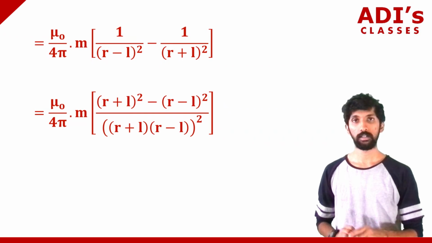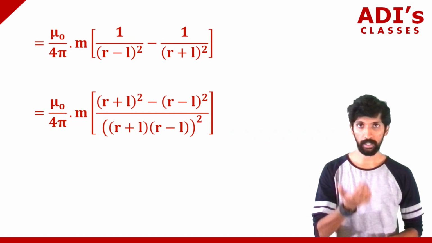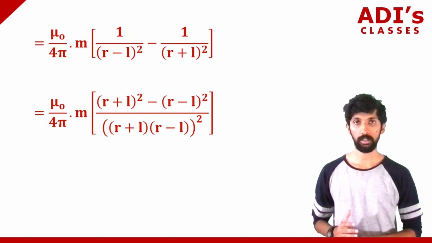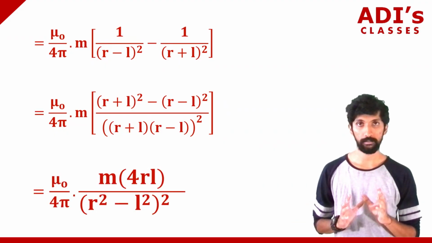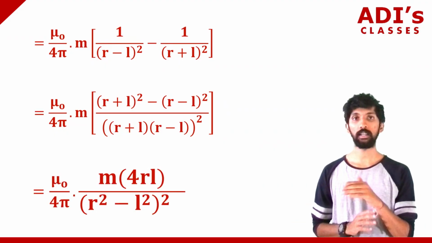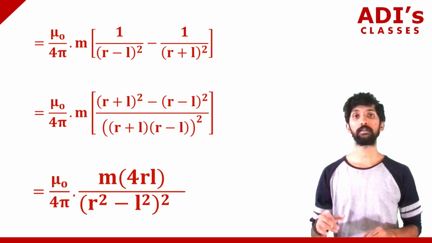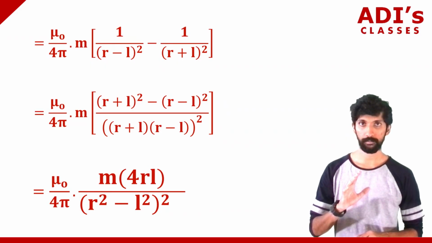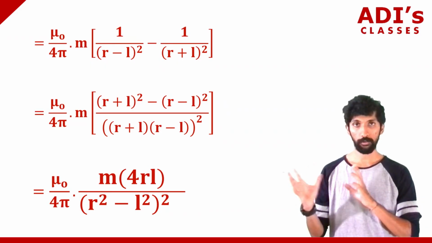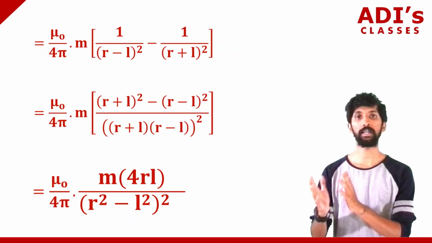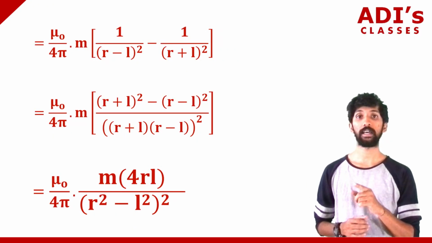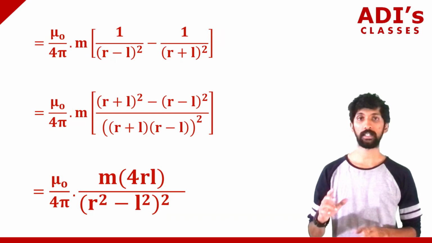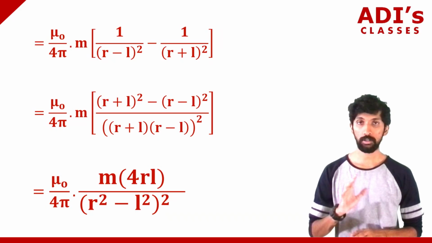Now in the numerator, if you expand using the identity (a plus b) whole square and (a minus b) whole square and simplify, you will get 4rl. So 4rl by (r square minus l square) whole square. If you combine everything together, B is equal to mu naught by 4 pi into 4rlm divided by (r square minus l square) whole square.